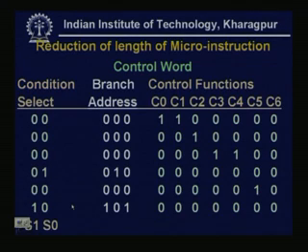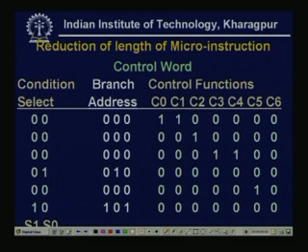Now, we see whether the length of the micro instruction can be reduced. What we have seen is that it is obvious that the control function field contains all zeros in case of branch instructions.